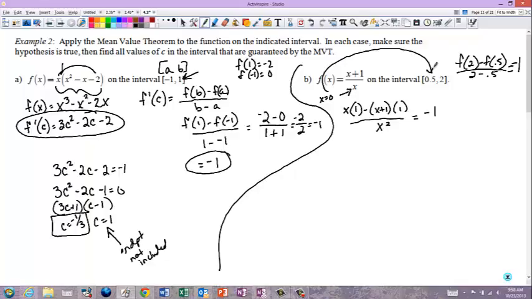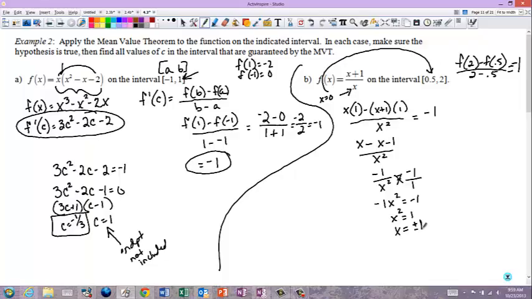So, let's see. If I simplify the top, that's x minus 1 over x squared, which actually ends up being negative 1 over x squared equals negative 1. So I would cross multiply. Negative 1 x squared equals negative 1, x squared equals 1, x equals plus or minus 1.